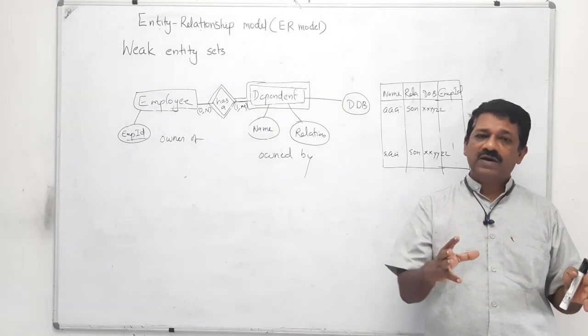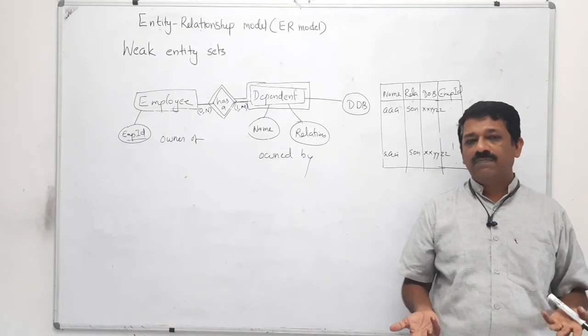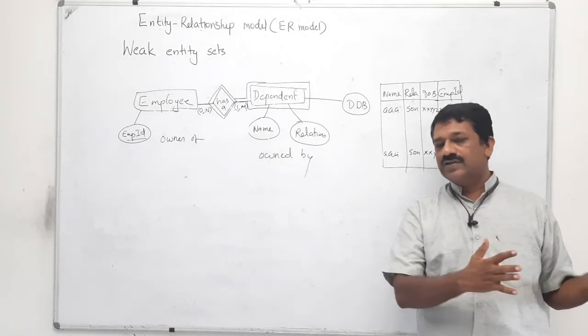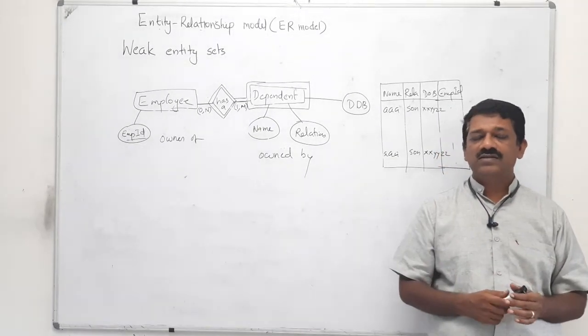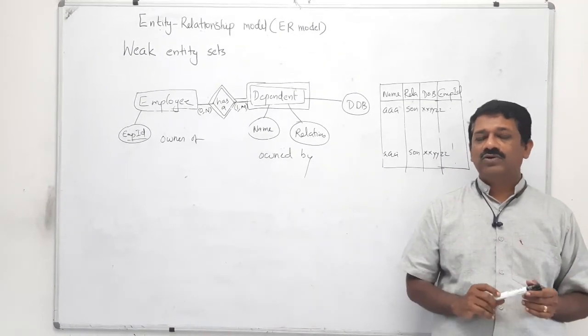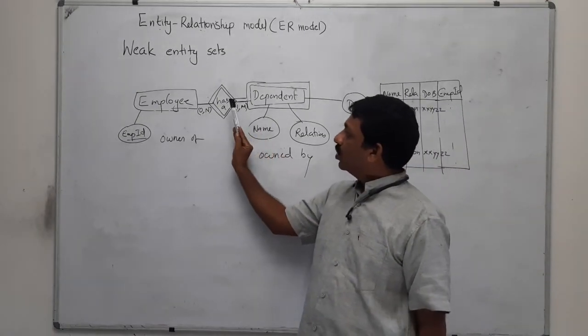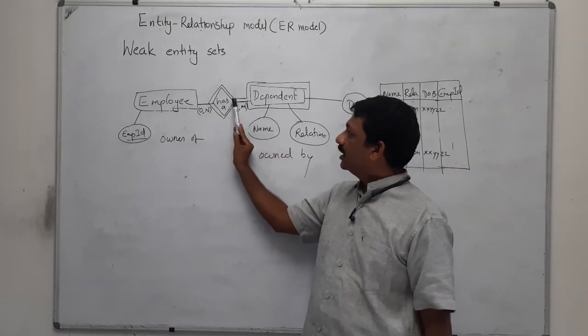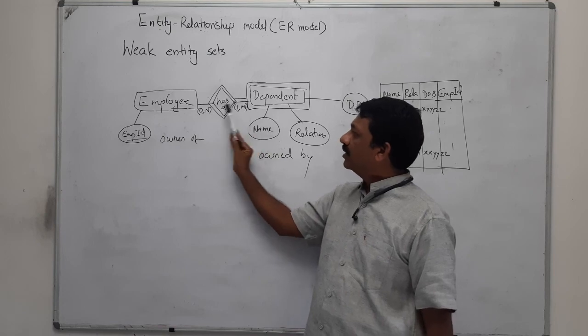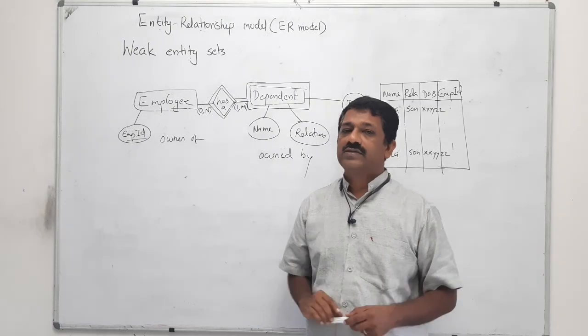If it is partial participation, there can be one or more tuples in that entity set which is not taking part in this relationship. Okay, so that is regarding total participation, partial participation. Here, total participation is indicated by double lines and partial participation by single lines. Okay.